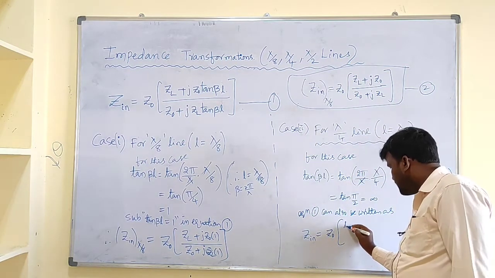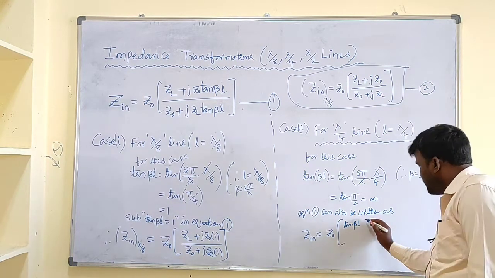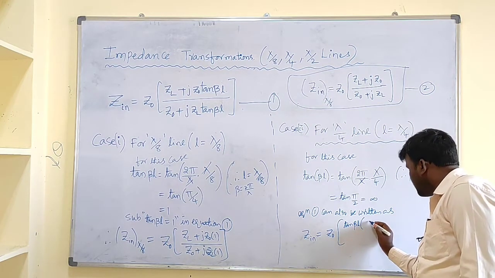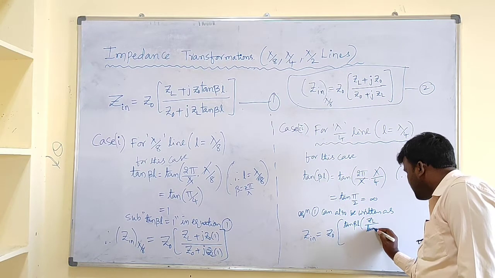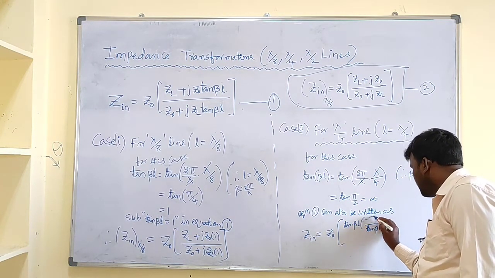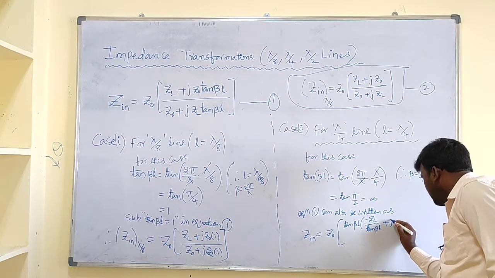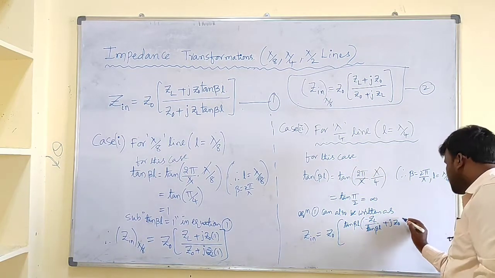So what is the infinite term? Tan beta L, that is infinite. If I take tan beta L as common, in the numerator we will get ZL by tan beta L plus the remaining term, j Z naught.